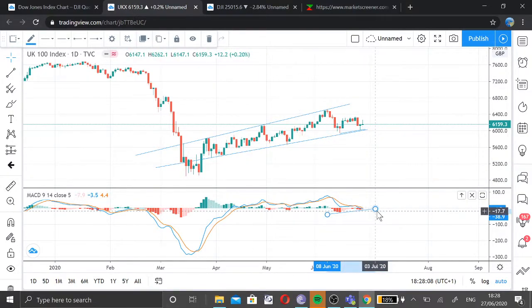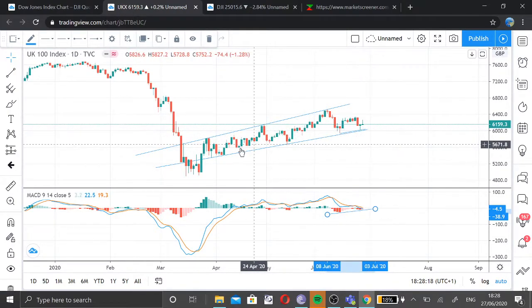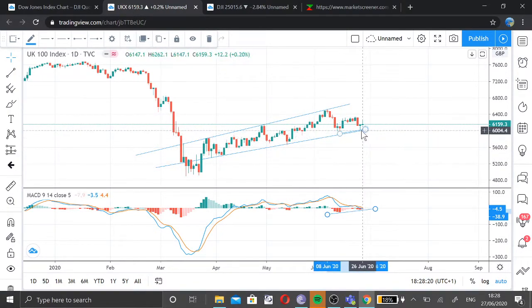there's no bearish divergence that you can see, and so far it has maintained the trend line. It has bounced off this trend line, forming a nice hammer here on the daily.